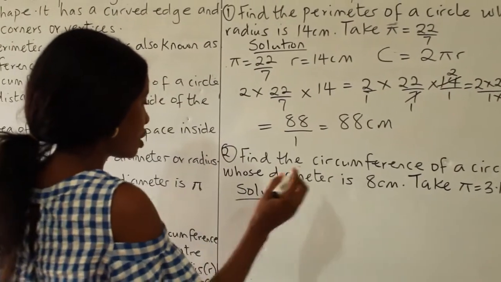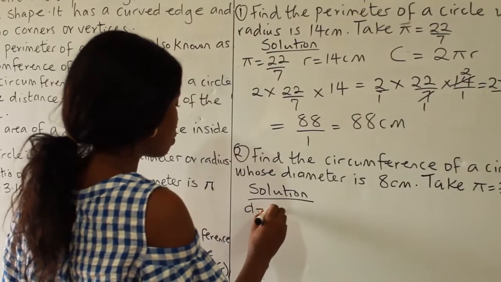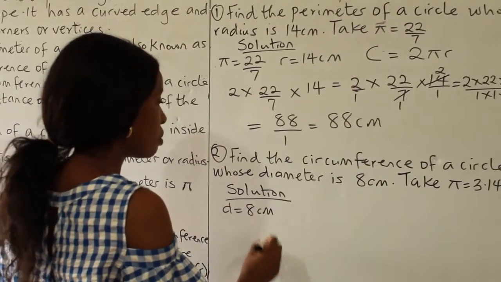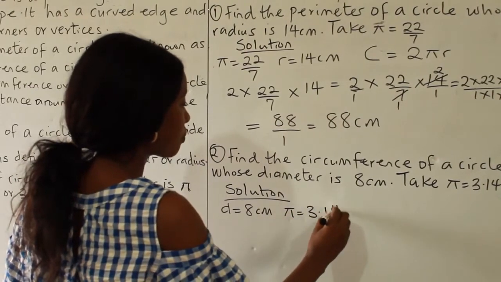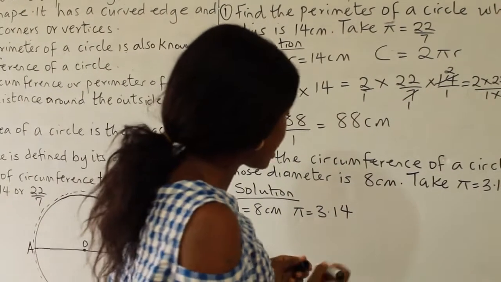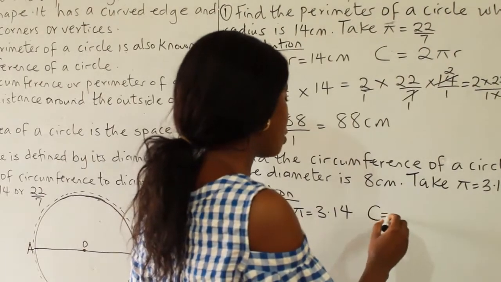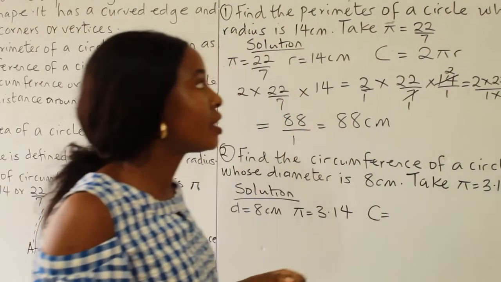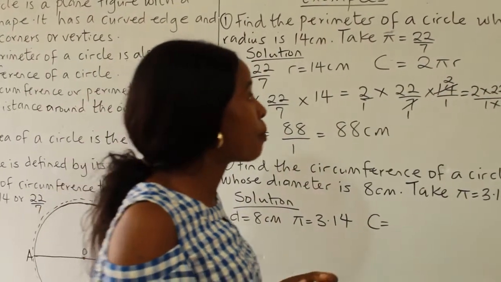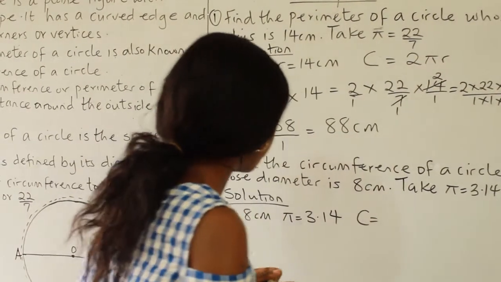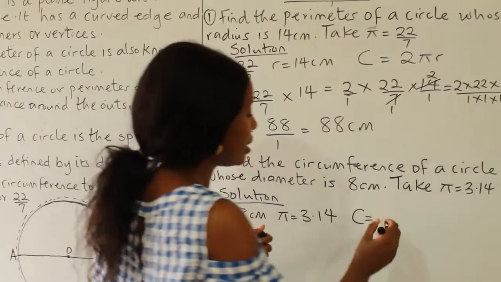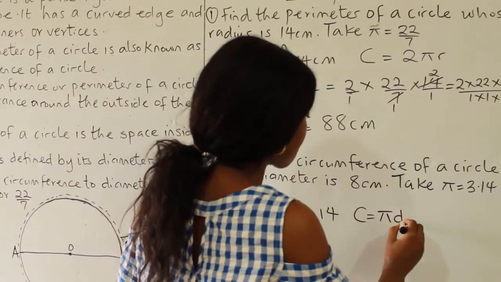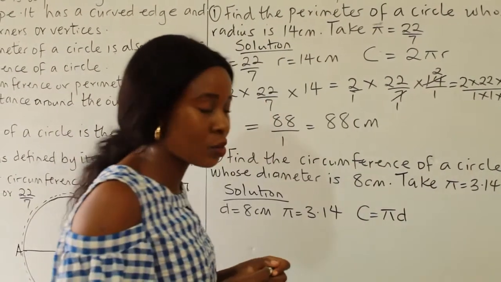Now, for this question, we're given our diameter to be 8 centimeter and our pi 3.14. The circumference of a circle or perimeter of a circle, the formula is either 2 pi r or pi d. But because from the question we're given our diameter, we'll be using pi d. Pi d, that's what we'll be using.